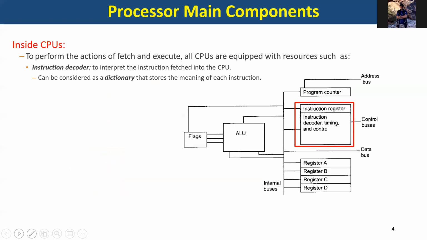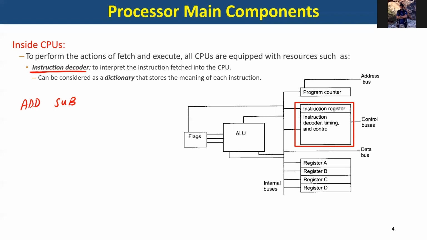The third component is basically the instruction decoder. The processor can execute many different kinds of instructions. Like for example, it can add, it can subtract, it can multiply, it can divide. So whenever we fetch some instruction from the memory, we need to know what is the meaning of this instruction.